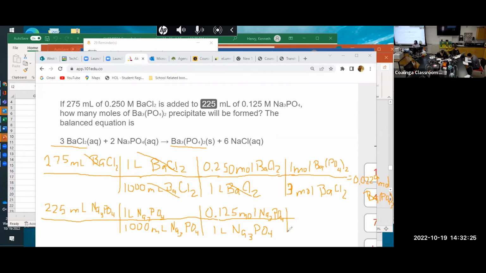Okay, so what is the mole to mole ratio of our sodium phosphate to our barium phosphate? It's 2 to 1. Put those 2 moles on the bottom for the sodium phosphate.